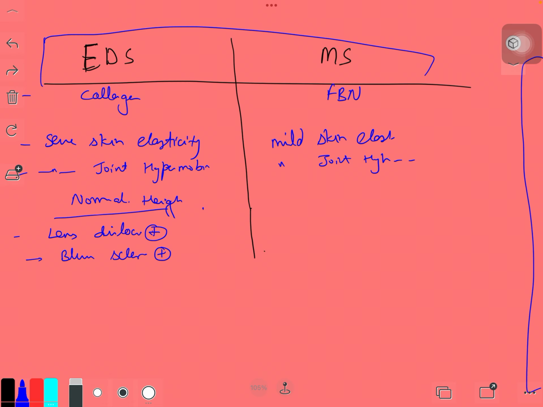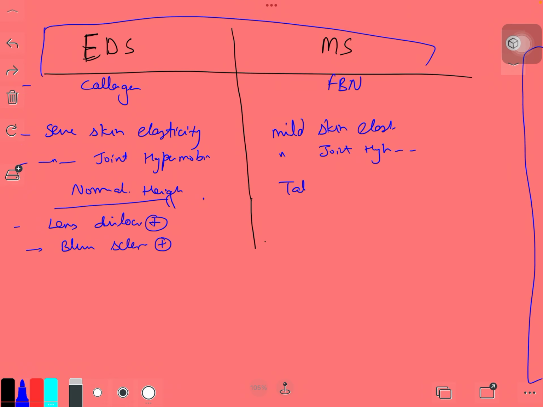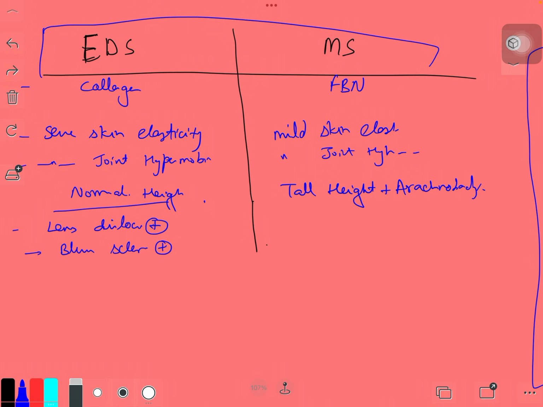Right, the patient will have tall height, plus the patient will have arachnodactyly, long fingers, and the patient can have pectus excavatum or carinatum. However, it can also be seen in the case of EDS, right?